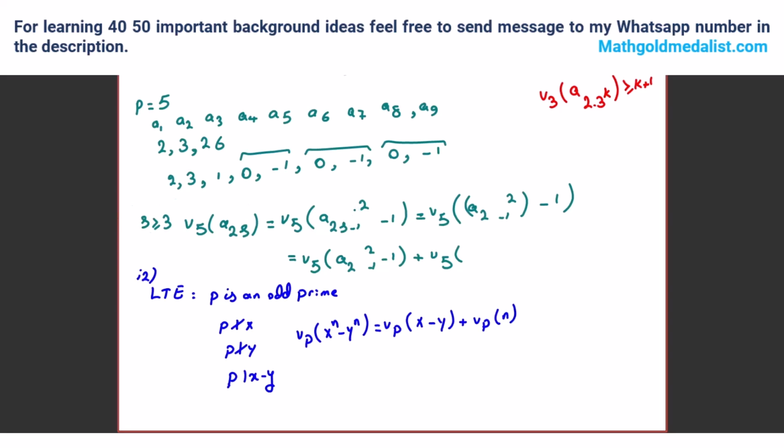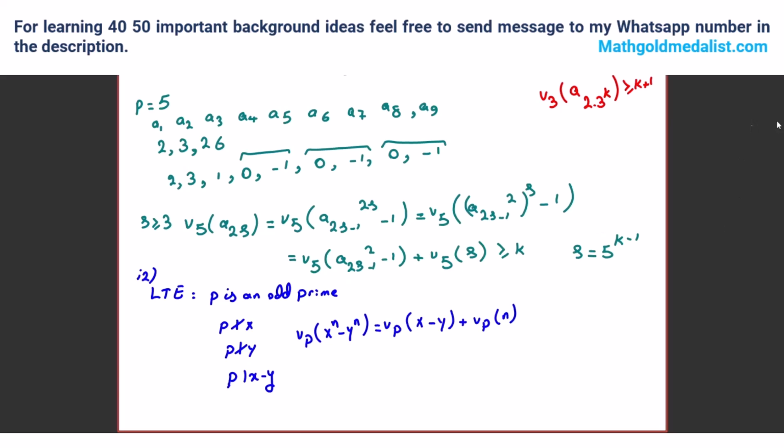It's better to not use the same variables. So 2s minus 1, plus v5 of s. So if s is 5 to the k, we can say it's at least k plus 1, or you can say 5^k minus 1. Then it's at least k. And this number is a multiple of 5 to the k.